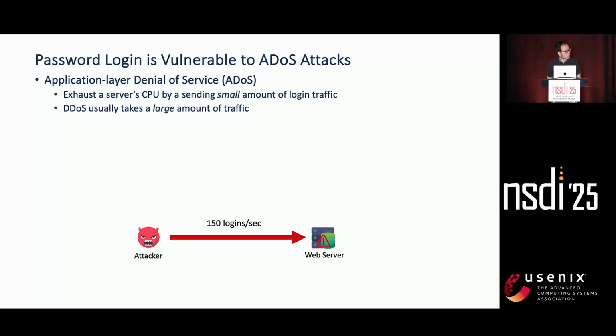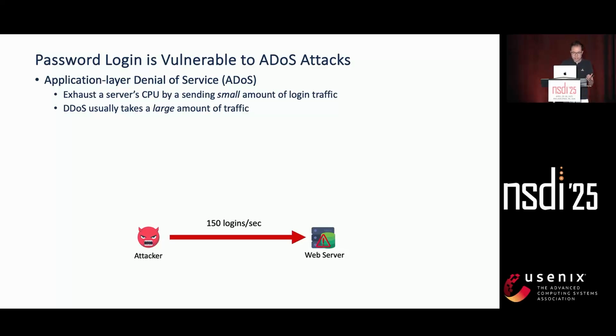One example is application layer DoS attacks, or ADoS attacks. It means that an attacker will try to exhaust a server's CPUs by sending just a small amount of traffic. It's different from DDoS because DDoS usually takes a lot of traffic.